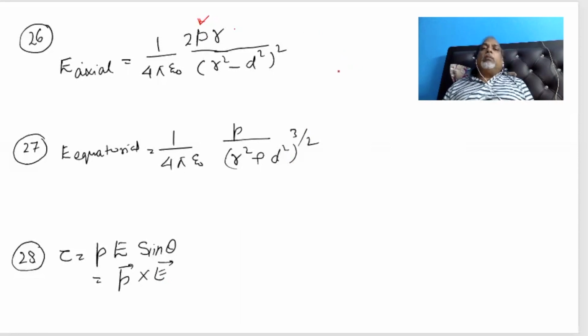So if you have a dipole like this, correct? And this distance is 2d.